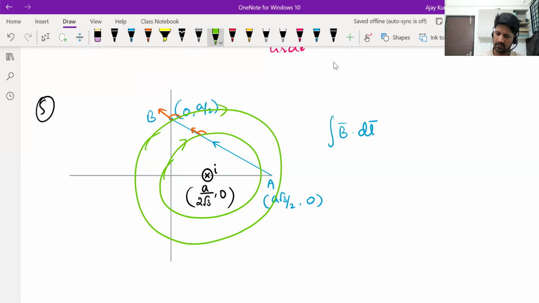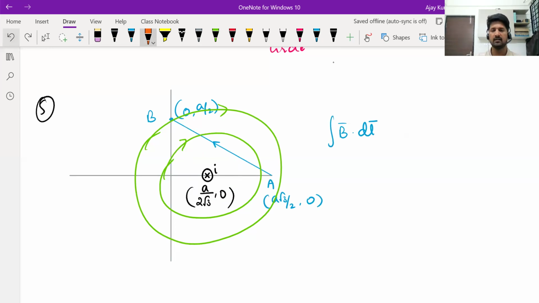At some points, like maybe here at the nearest point, the angle between the dl vector and the magnetic field will be 180 degrees. At different points, you'll have different angles. So that B dot dl dot product itself is difficult to evaluate. Any other idea?